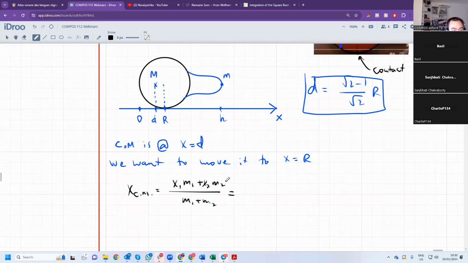And we substitute what we already know. x1, the position of the center of mass of the toy, that is D, multiplied by m1, which is M, plus x2. This is the position of the blue tack, so it's H, multiplied by m, which is the unknown mass of blue tack that we need, divided by M plus m, and that has to equal R.